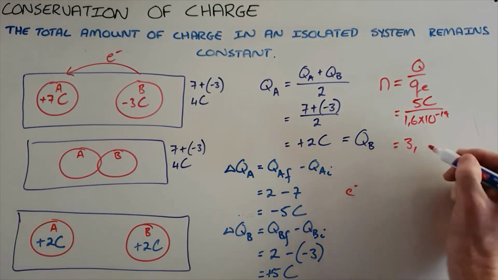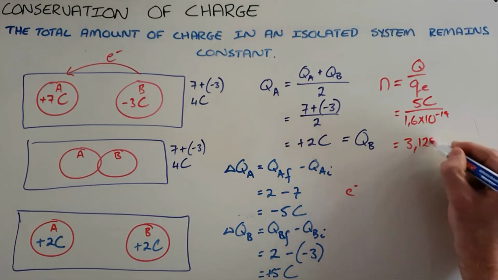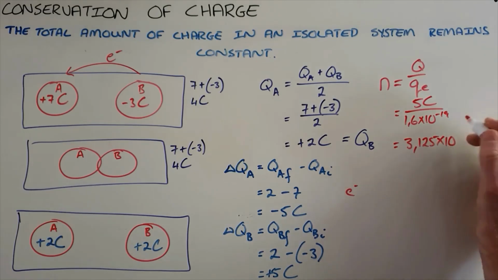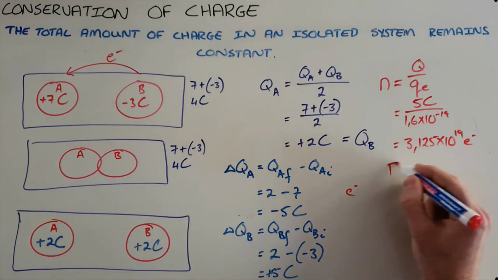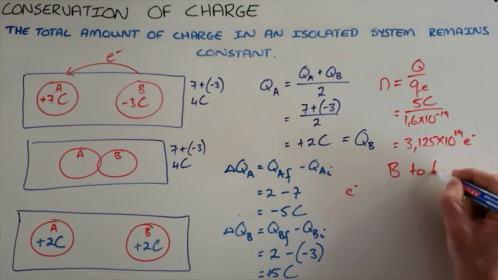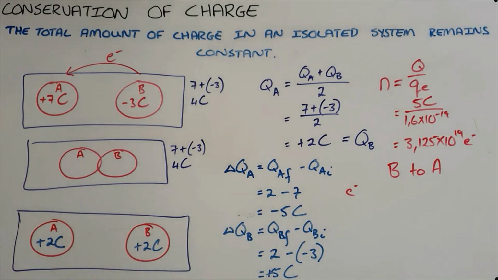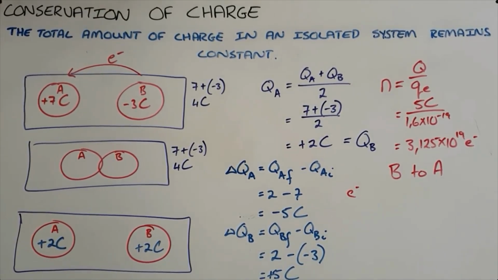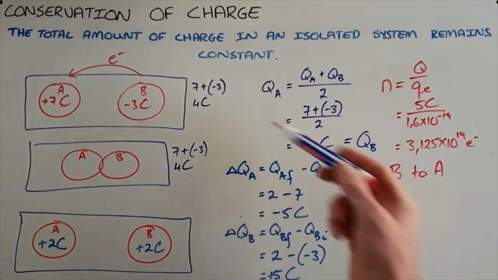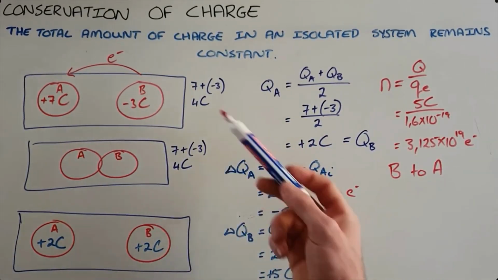Putting that into a calculator gives us a value of 3.125 times 10 to the power of 19 electrons that were transferred from B to A. Electrons are always transferred from the more negative to the less negative object. And then, as we can see here, the total amount of charge in this system has remained the same.